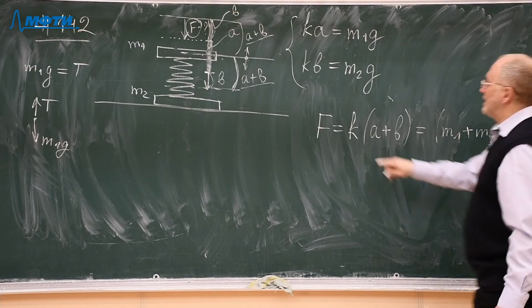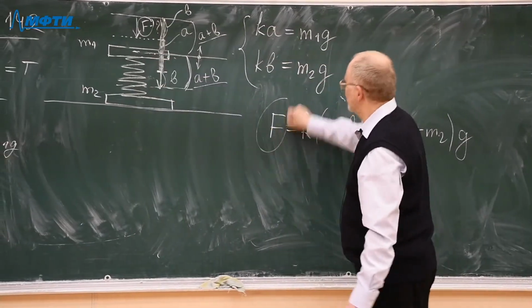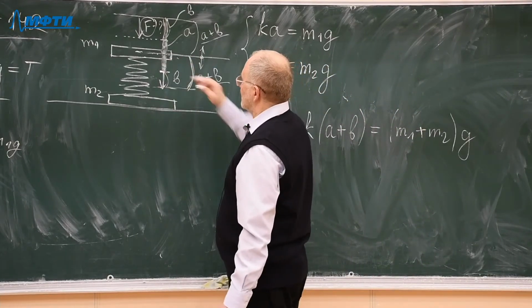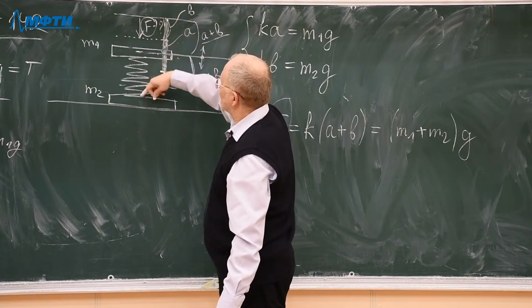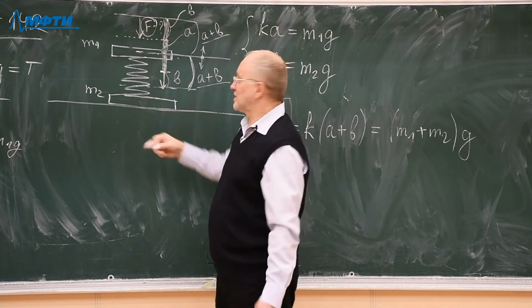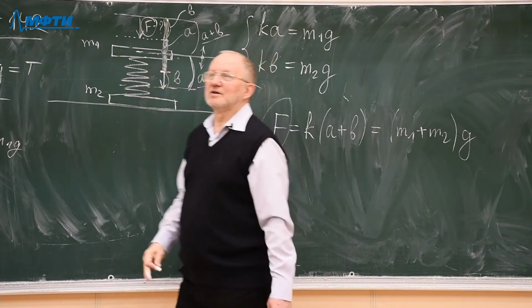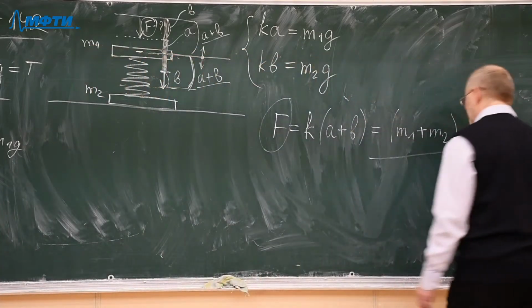If we act on the upper plate with such force and then release, the upper plate will start oscillating, and in the upper position the spring will be stretched to such an extent that the lower plate will jump a little bit from the surface of the table. That's the final answer to the problem.